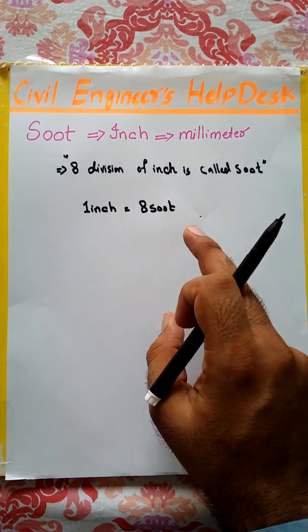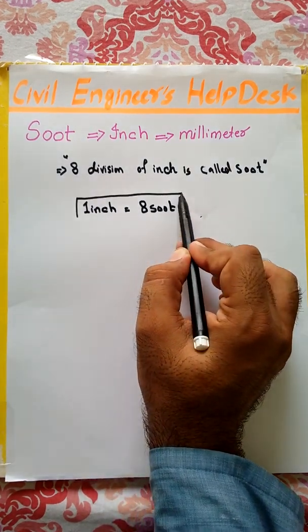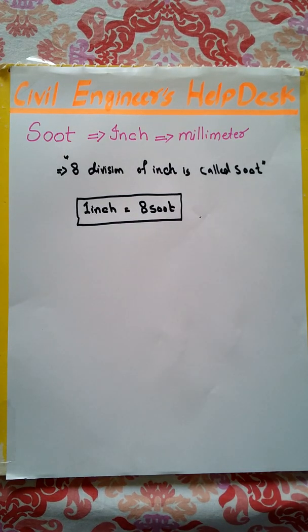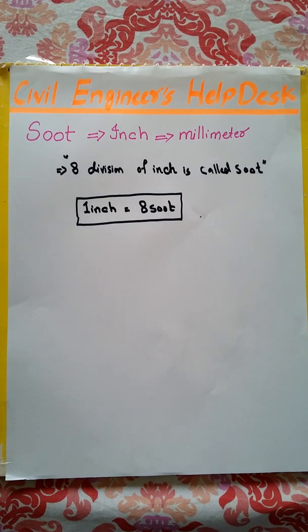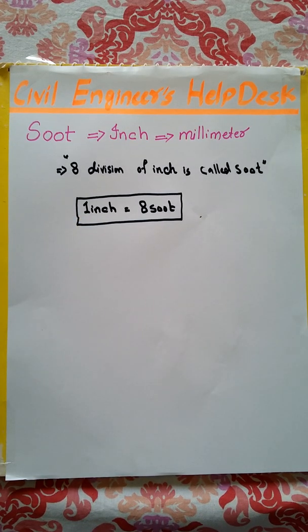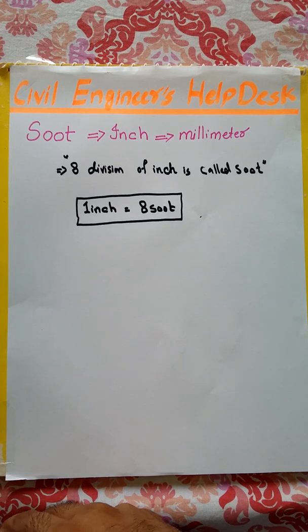This is a very important factor, viewers, because if you remember it, you will be able to convert Sooth into any other unit, whether millimeter, meter, inch or feet. But the basic relation you must know is that 1 inch is equal to 8 Sooth, or 8 Soother.